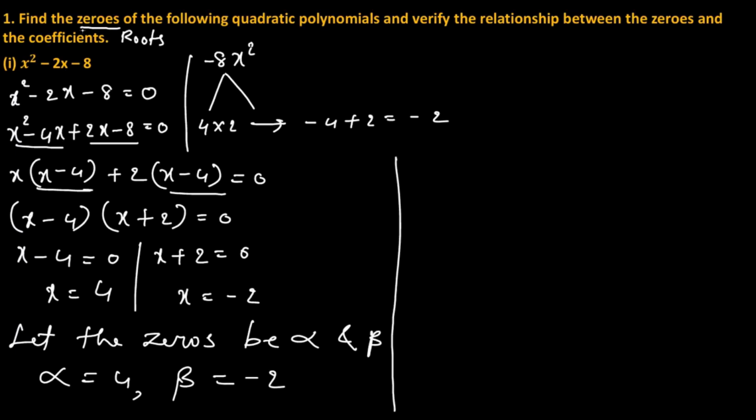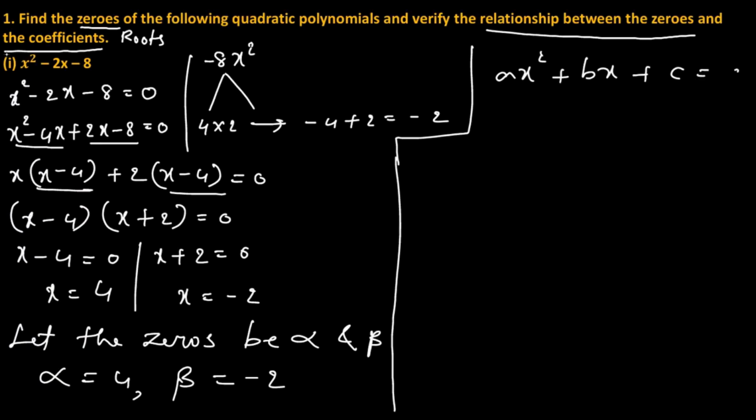Now they are asking us to find out the relationship between the zeros and the coefficients. The question is in the form of ax square plus bx plus c is equal to 0. Compare this equation with our question, x square minus 2x minus 8 is equal to 0.